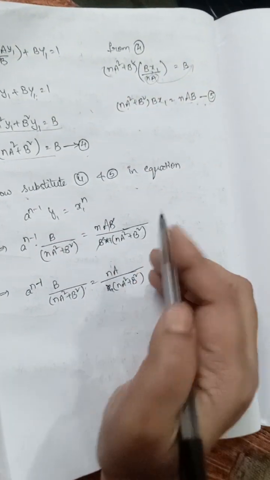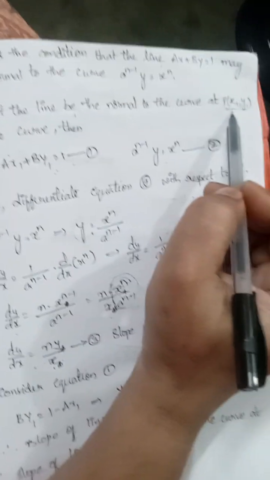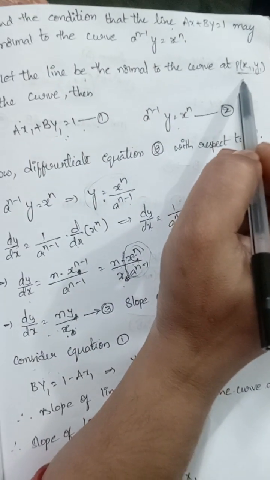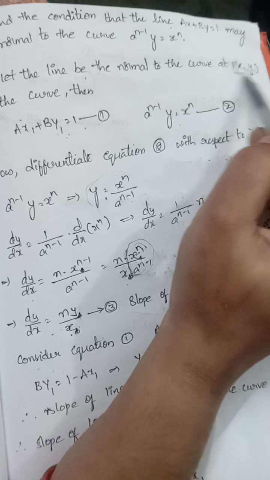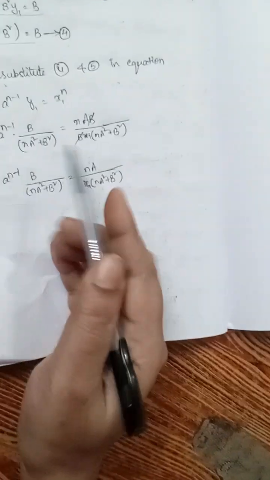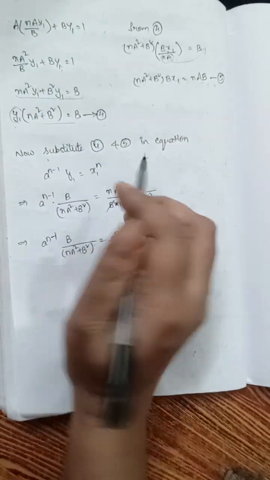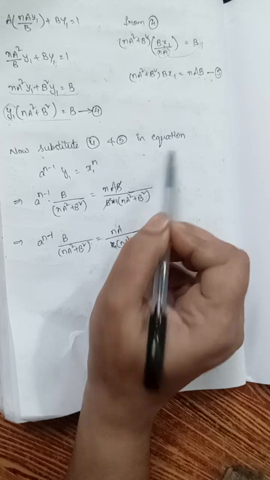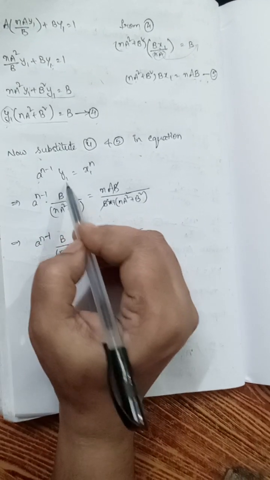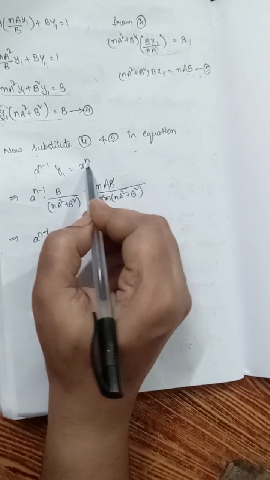Why are we substituting? Previously we thought that P(x1, y1) is on the curve, so the curve is passing through this point, right? So if you substitute this, whatever condition comes, that will satisfy. Now substitute 4 and 5 in the equation a^(n-1) y1 = x1^n.